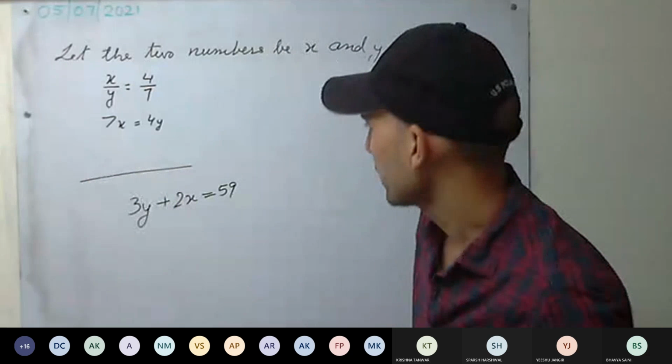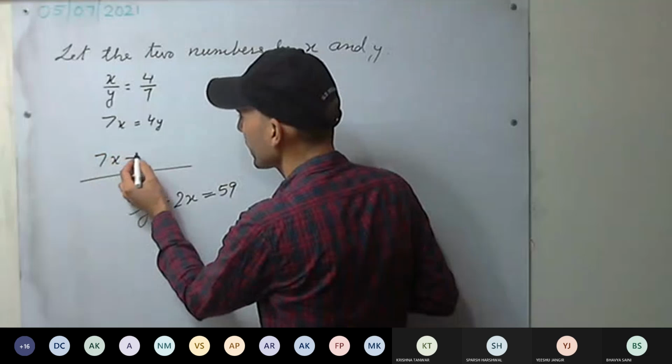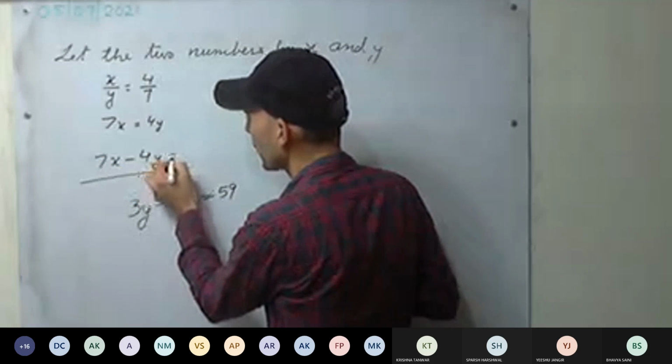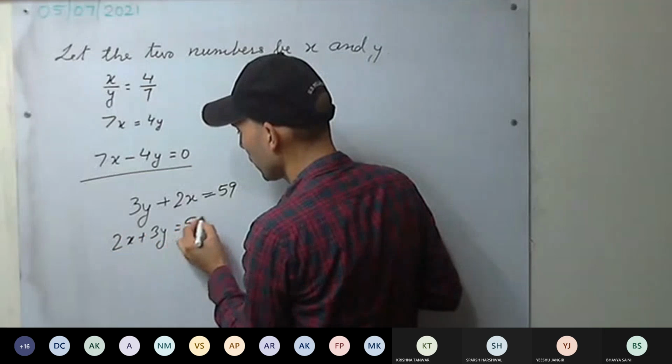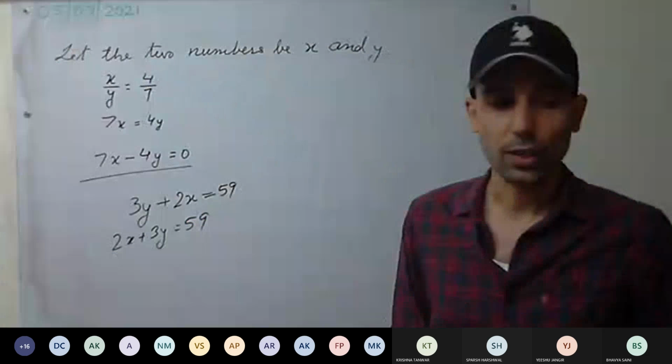Okay. You can write it as 7x minus 4y equal to 0, and 2x plus 3y equal to 15. Okay. You can solve it.